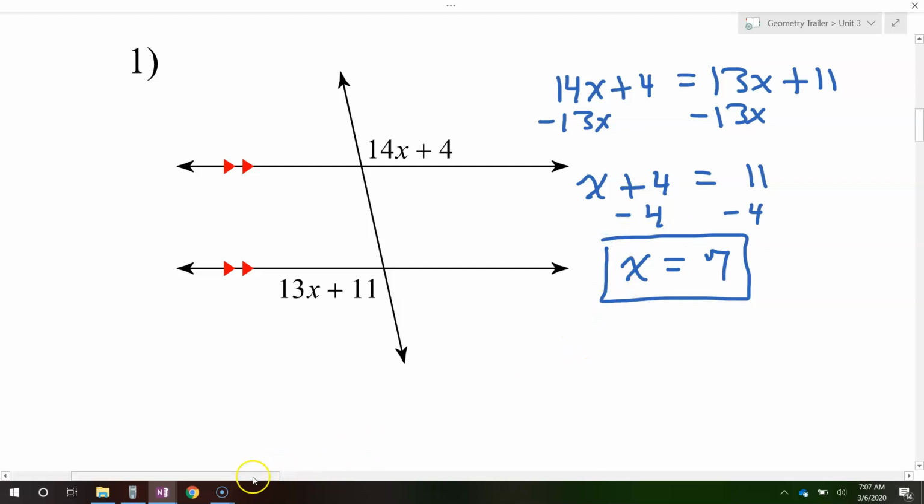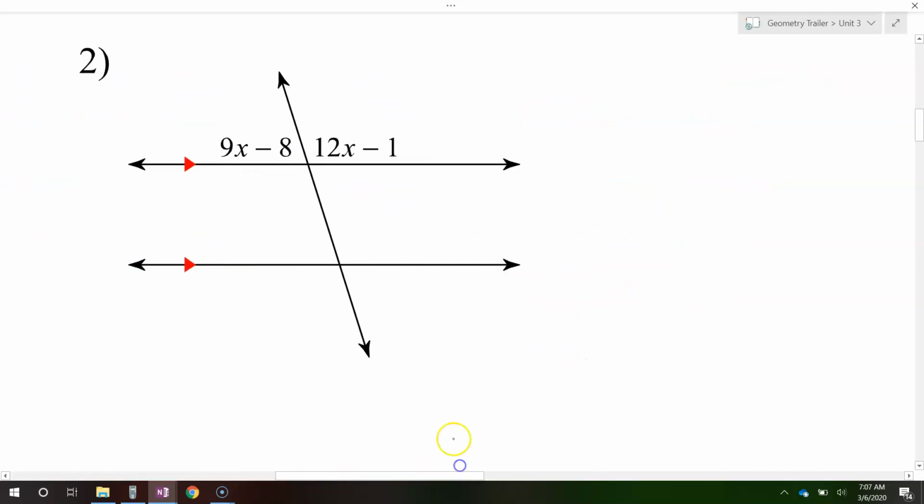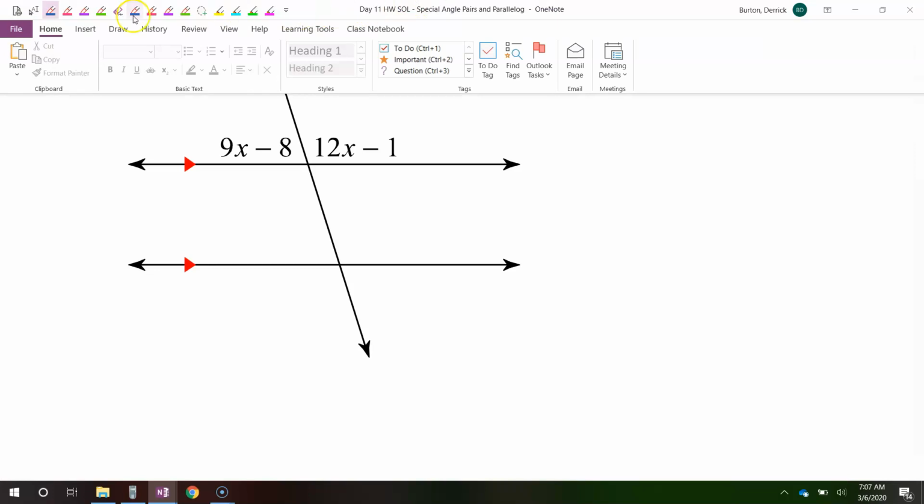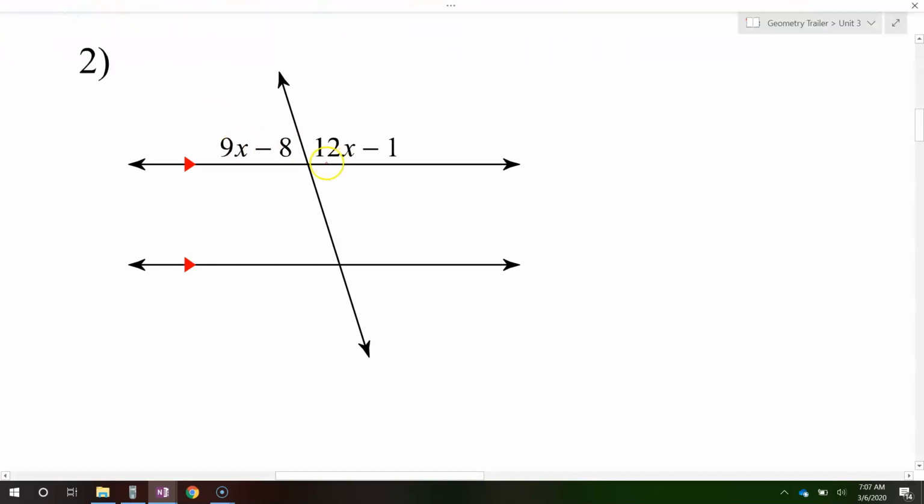All right, number 2. What kind of angle pair is this? This is a linear pair. Notice how they make a straight line. And a linear pair is always supplementary. So these have to add up to 180. So I should go 9x minus 8 plus 12x minus 1 is equal to 180.